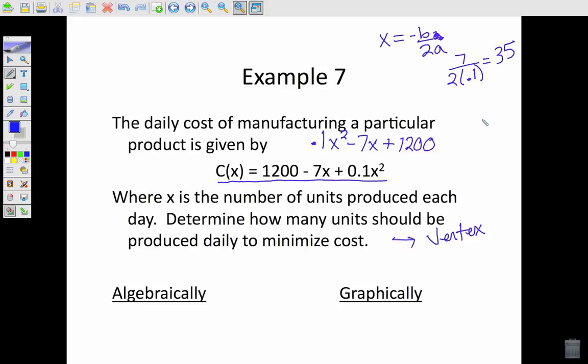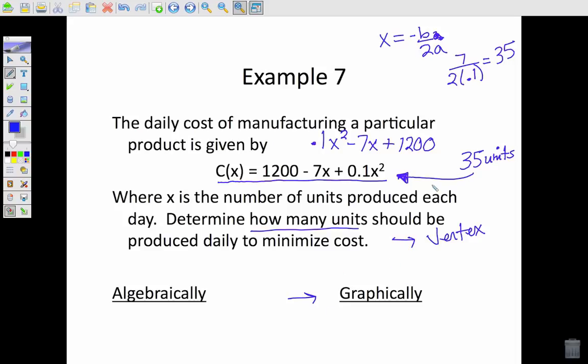This result would give us 35. So 35 is the number of units. Determine how many units should be produced daily to minimize the cost. So that is your x value, and that is our solution, 35 units. If you were asked about cost, you'd want to then put that 35 into the function and figure out what the cost is.